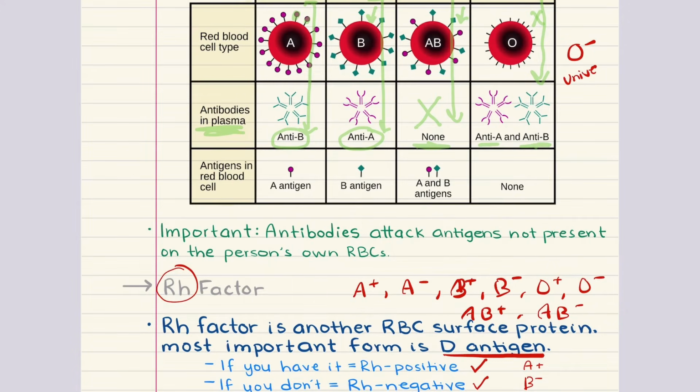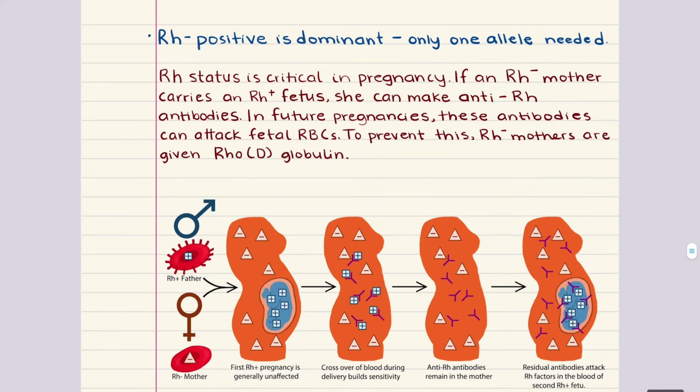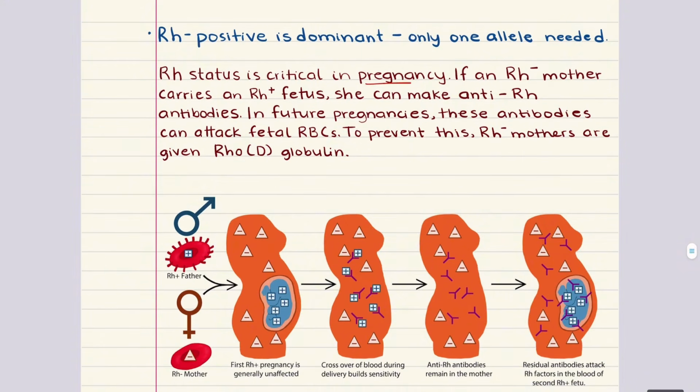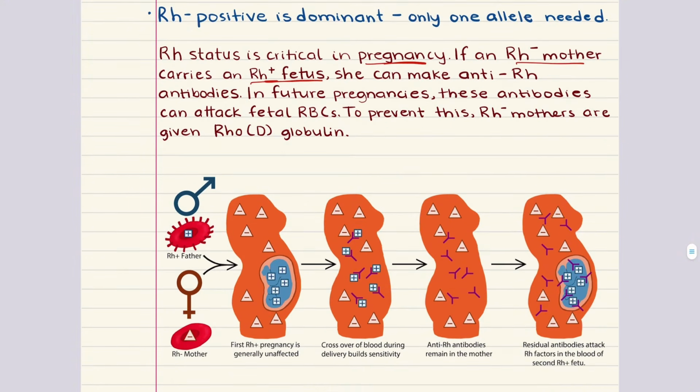And AB positive is the universal recipient because these individuals don't have any antibodies against A, B, or Rh antigens. Now, Rh status is extremely important in pregnancy. If an Rh negative mother carries an Rh positive fetus, fetal blood can sometimes mix with the mother's circulation during delivery.